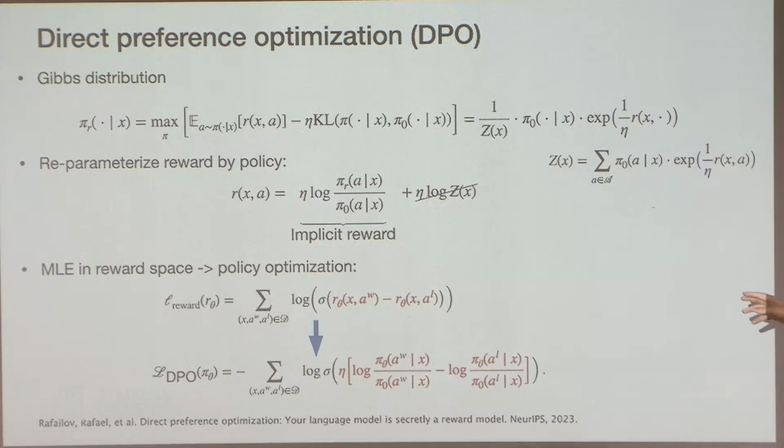What we do is take a log on both sides, and you can reparameterize the reward by the policy. Now you have an equation that connects the reward and the policy. So instead of first constructing the MLE of a reward, you can directly plug this expression of the reward by the policy into the equation, and directly optimize the policy instead of first constructing a reward function.